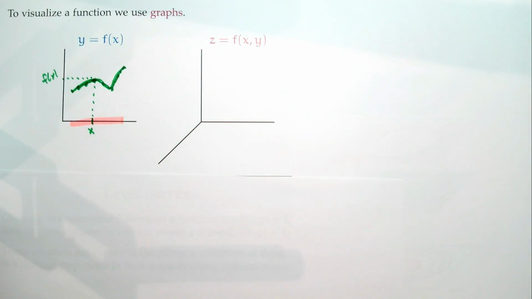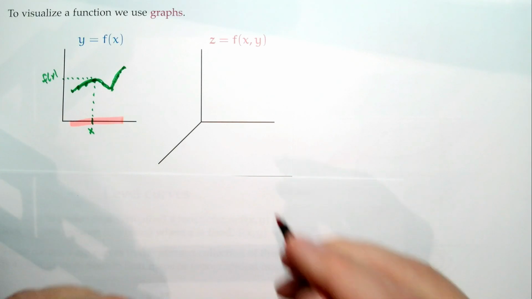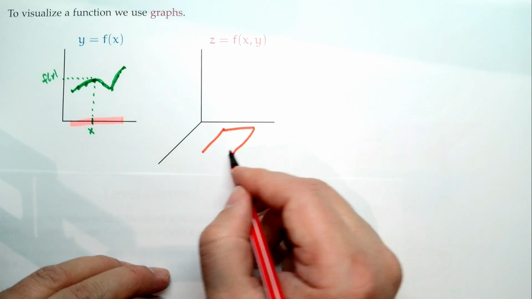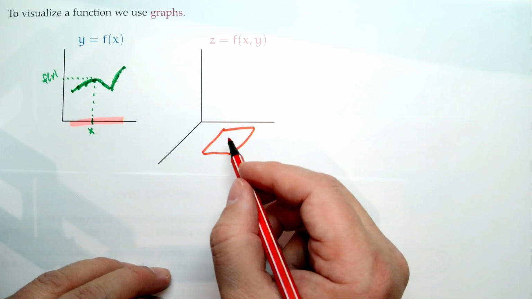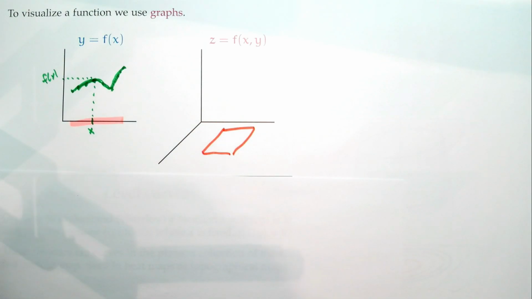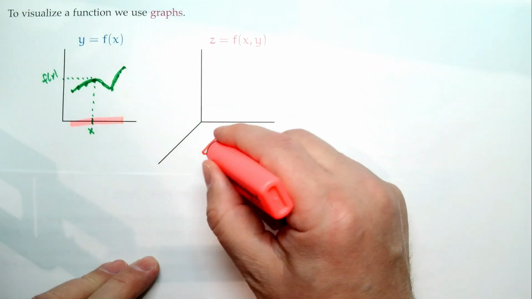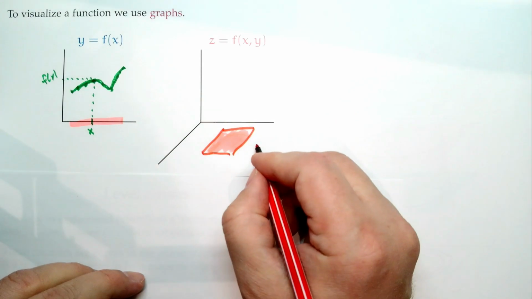Now, how does it work when I have a function of two variables? And the answer is, it's the same basic philosophy. You start and say, well, let's specify our input. So I have some piece, might be everything, but down here, this is my points that I can plug in. So here is my inputs. So this is my domain.